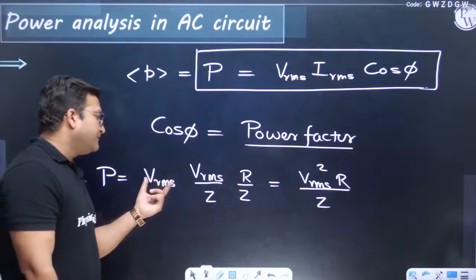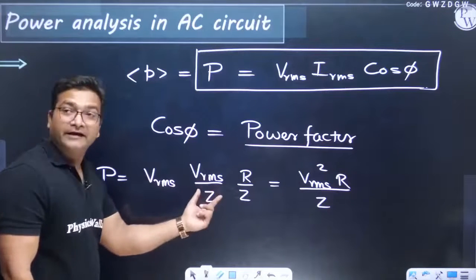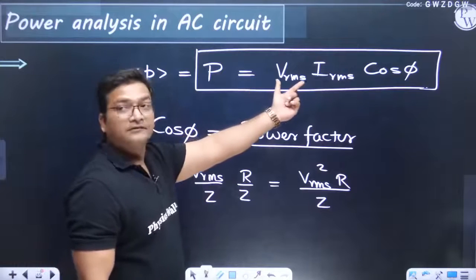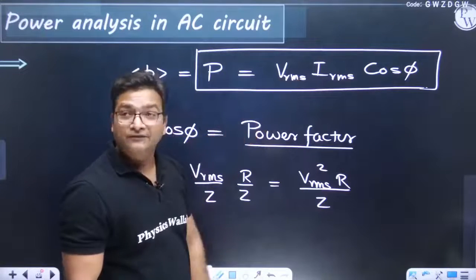As Vrms by Z is Irms, I can replace Vrms by Irms times Z here.